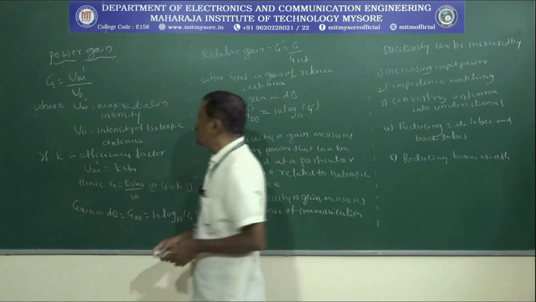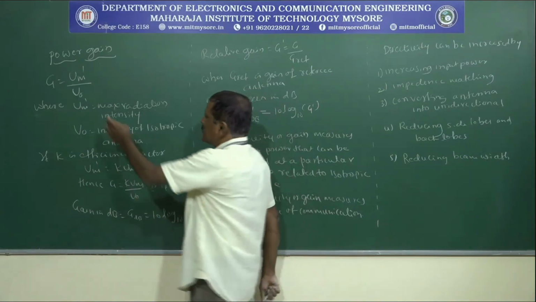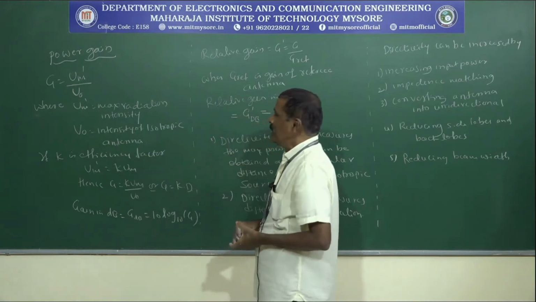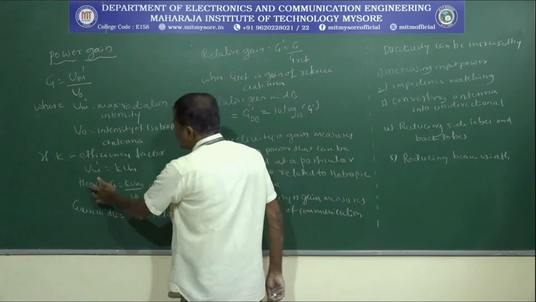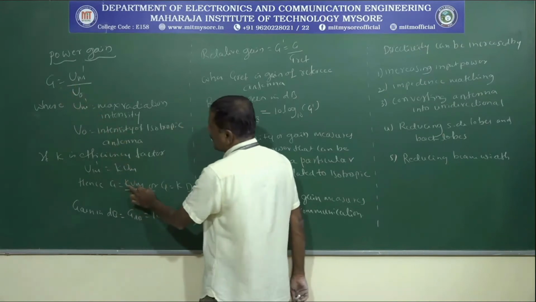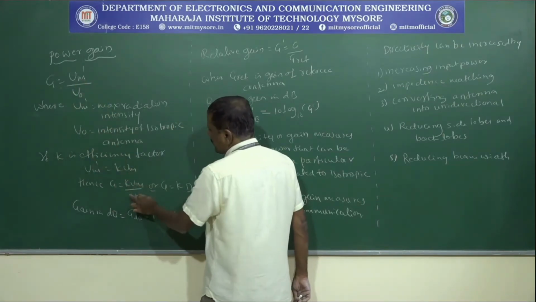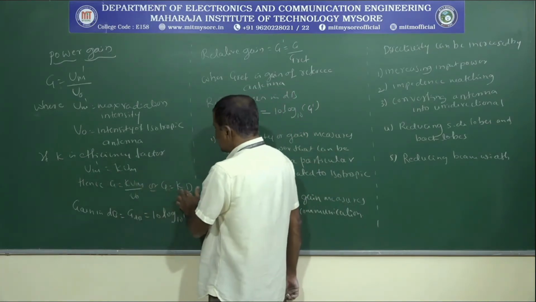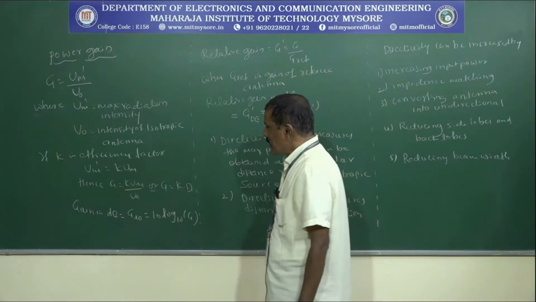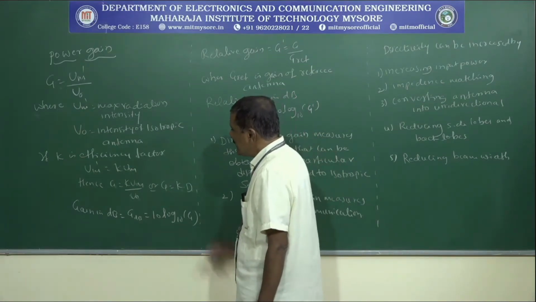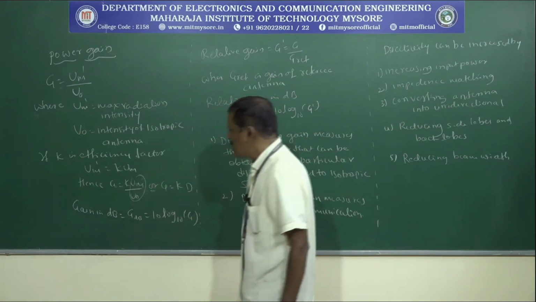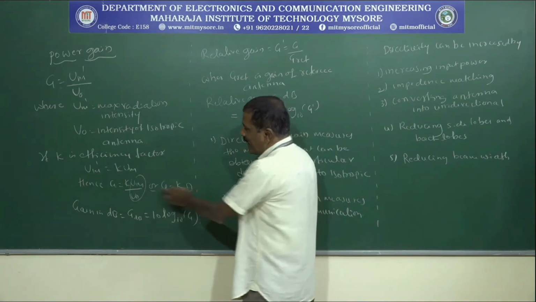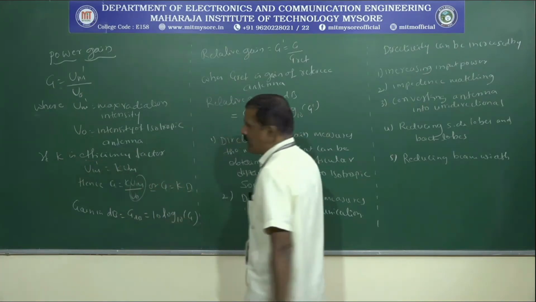Now, if K is the efficiency factor, then I can write Um dash is equal to K into Um. Hence G is equal to Um dash divided by U0, which is K into Um divided by U0, or I can write G is equal to K into D. If you closely observe, Um divided by U0 is the directivity and K is the efficiency factor.